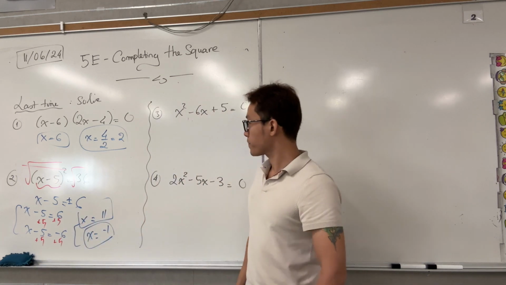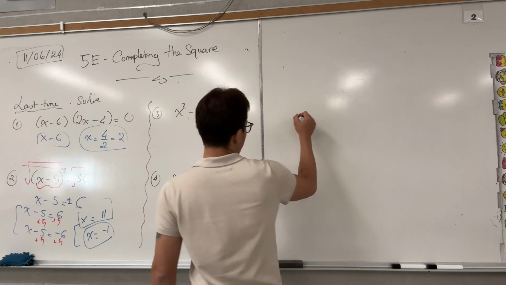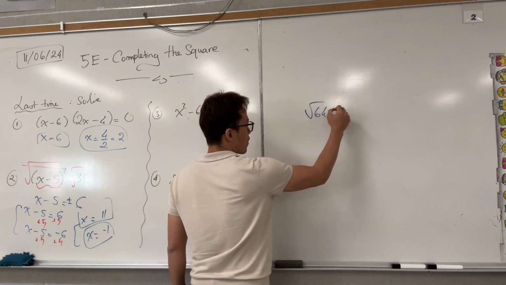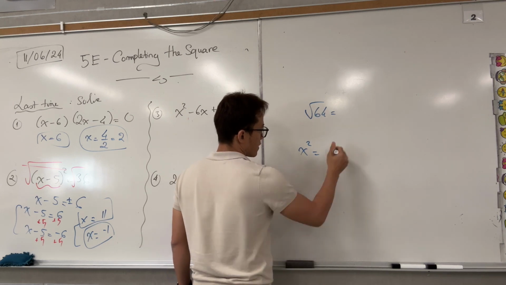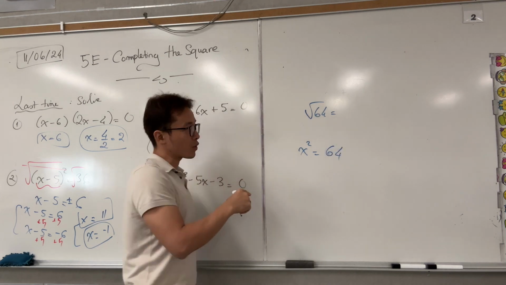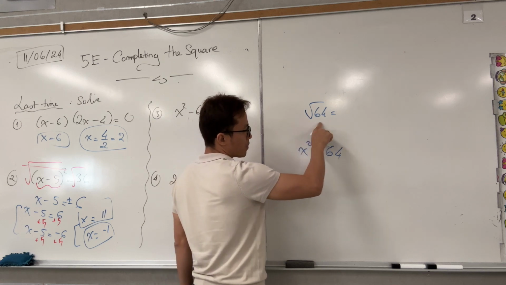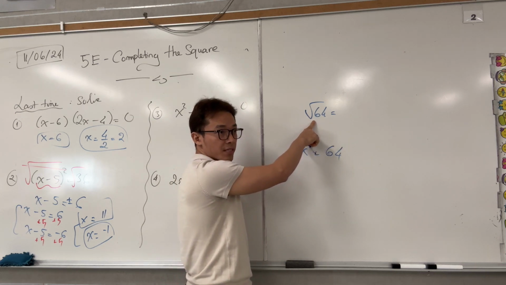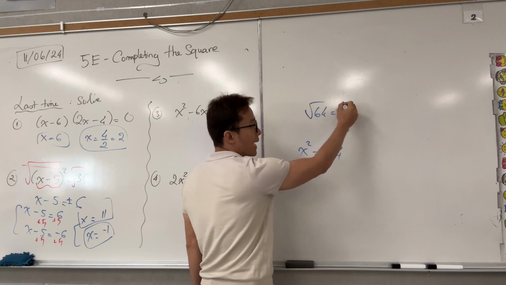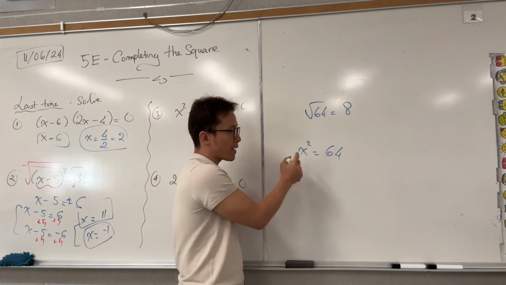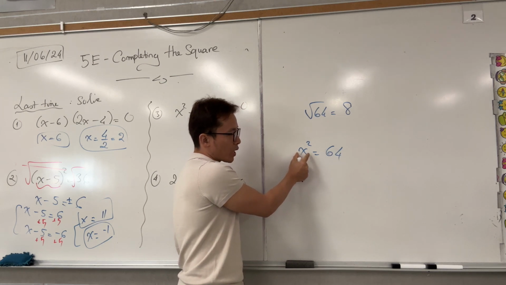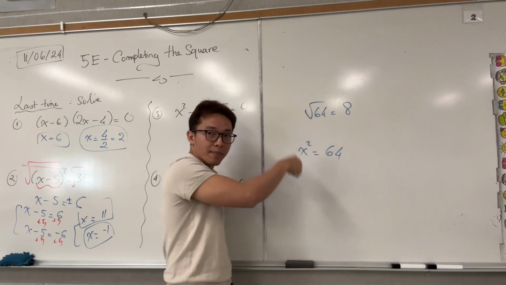Also, just to remind you, what is the square root of 64? I think I said this after the quiz, but here to remind you. When I ask you to evaluate this, what is the square root of 64? It's just 8. But when you're solving, that means you find some number up here so that when you square it, you get 64. That's a different thing.